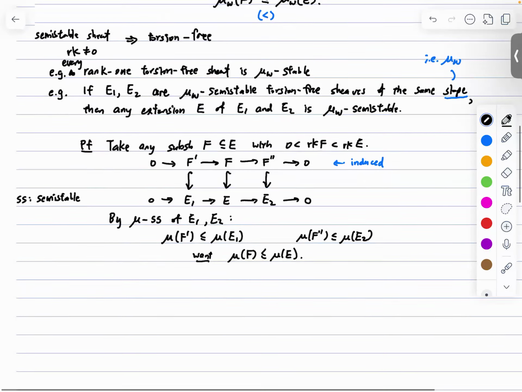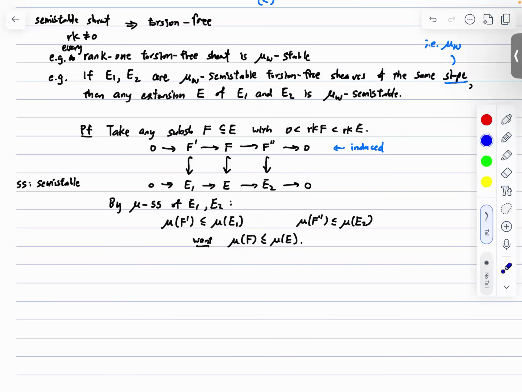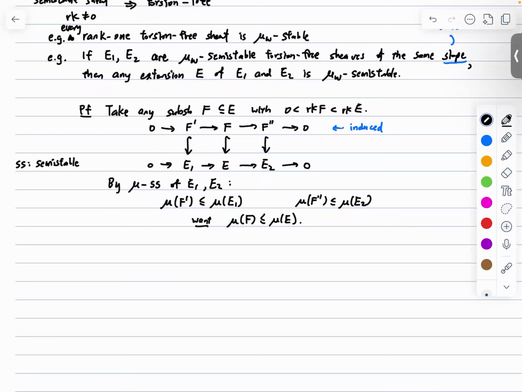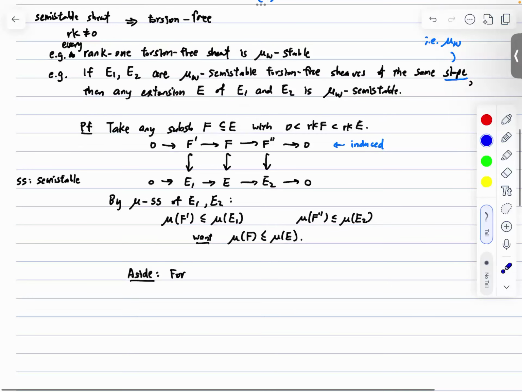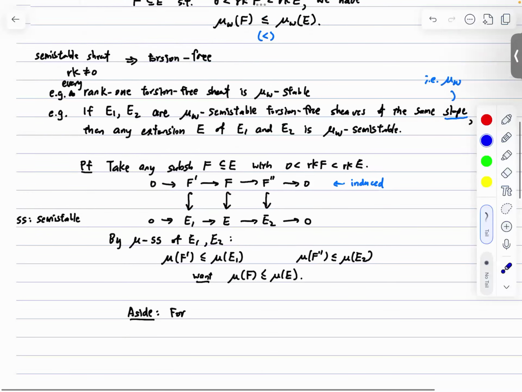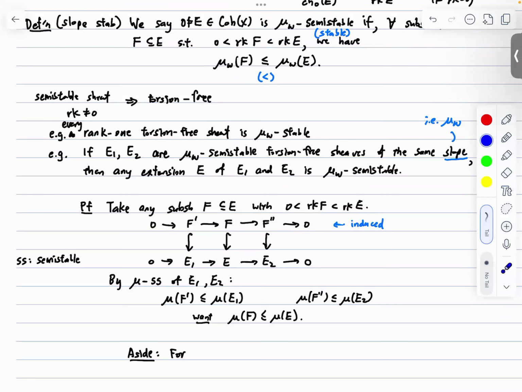But I want to explain why this is true in a different way by drawing some pictures. So this is an aside that explains a somewhat different way of thinking about the slope of a coherent sheaf and the idea of slope stability. Before, in the definition of slope stability, we defined this number mu for any non-zero coherent sheaf.